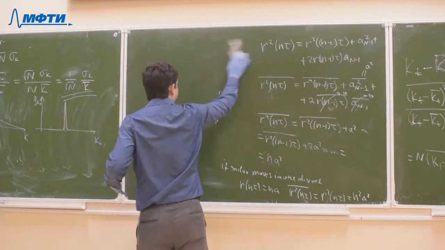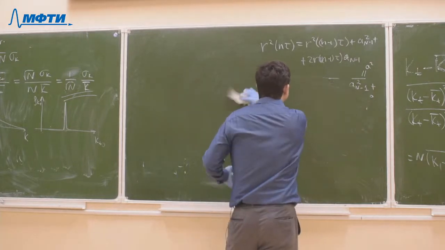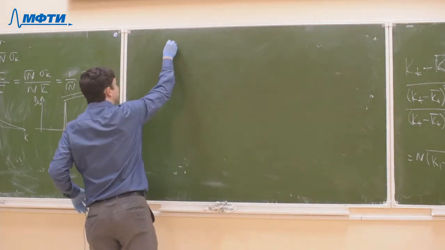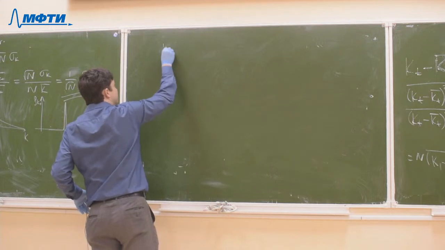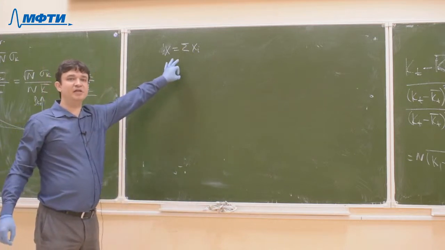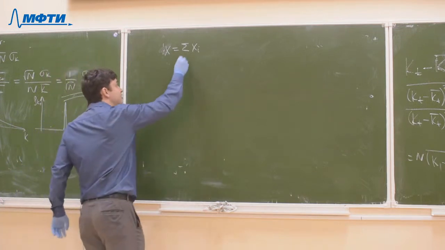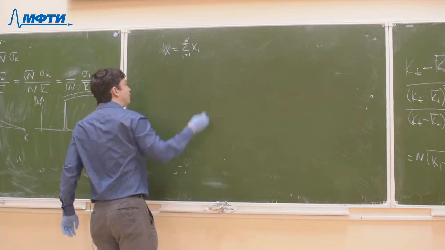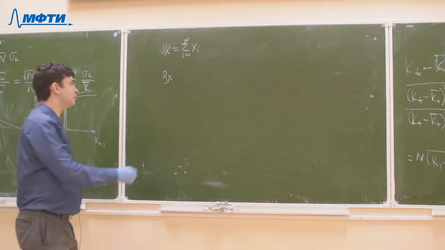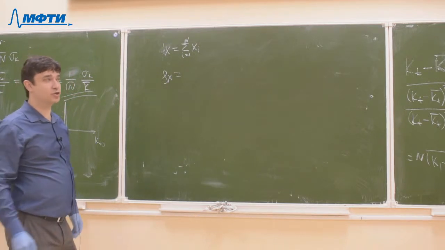There is a theorem derived in probability theory which says that if x is a sum of a large number of random variables, each of them independent from the other values, then the probability density function of the sum of these numbers is given by the so-called normal or Gaussian distribution.